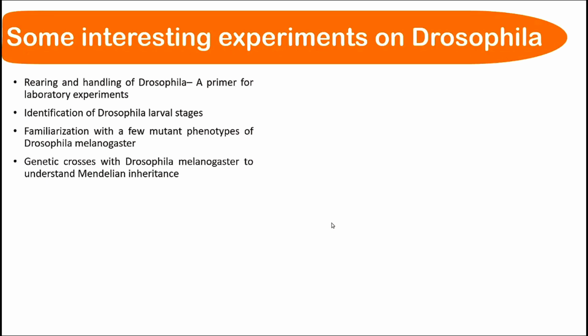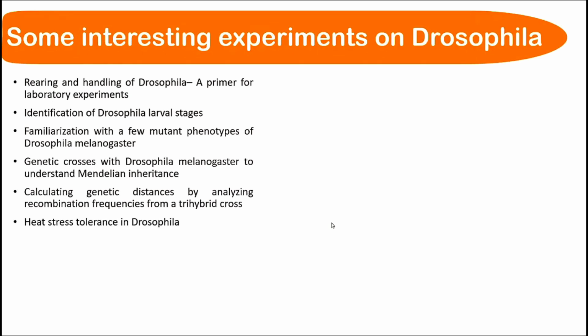Then you can solve some problems also, and not only solve problems, but also allow some mutants to crossbreed together and see if there is Mendelian inheritance taking place or not, or whether linkage is taking place or not, whether two-point linkage is taking place or not, right? So there are several possibilities with respect to genetic crosses, and based on that you can analyze the recombinant frequencies from a trihybrid cross and calculate the genetic distances as well.